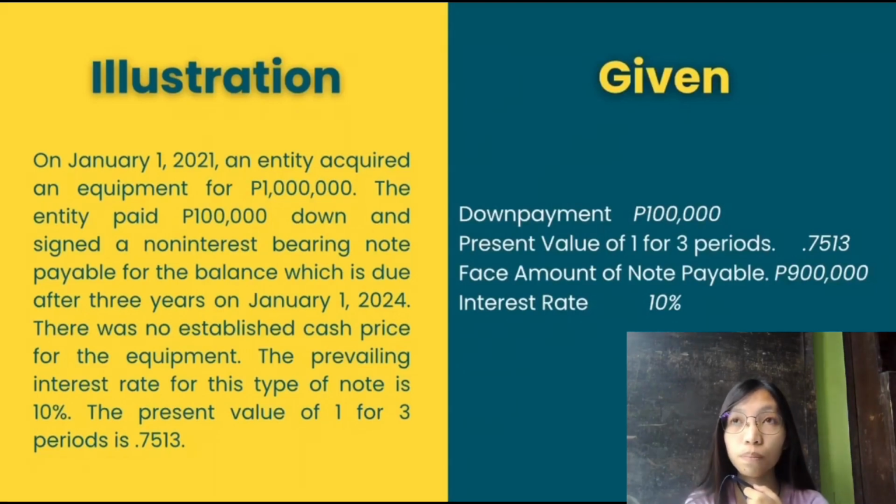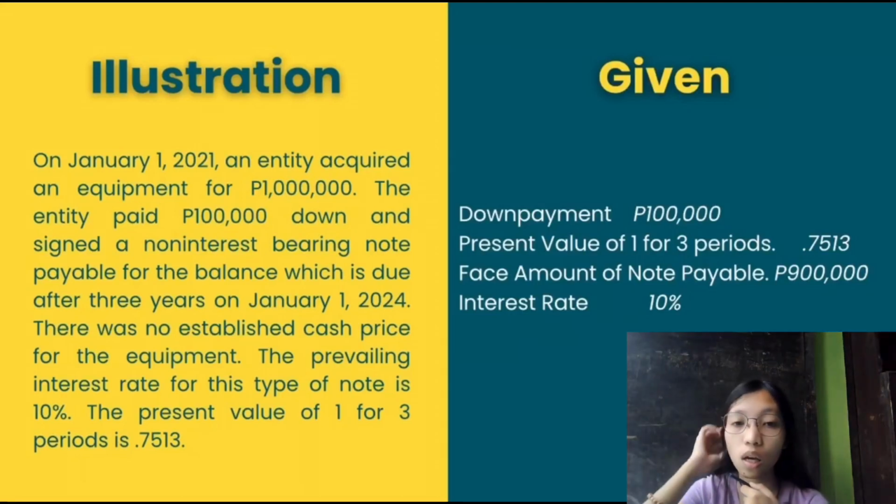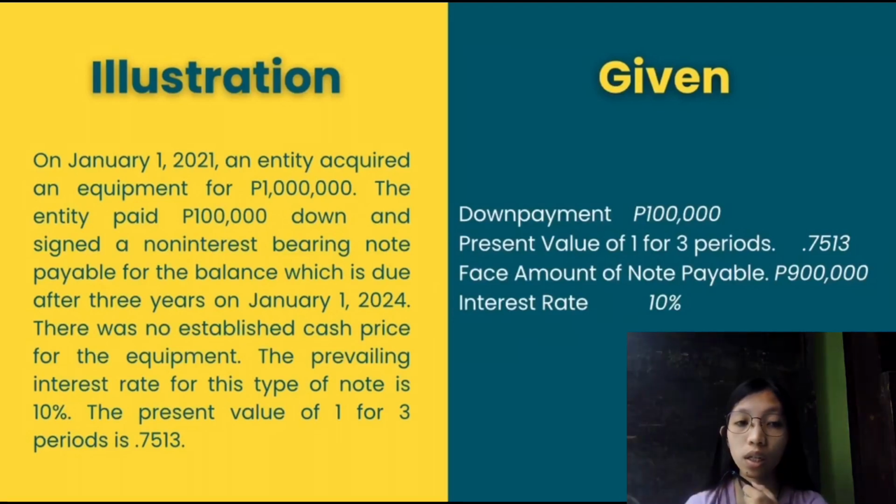And if the present value of 1 for 3 periods is not given, we can get 0.7513 by adding 1 to the interest rate of 10%, and dividing it, then clicking the equals sign 3 times, and 0.7513 will appear.